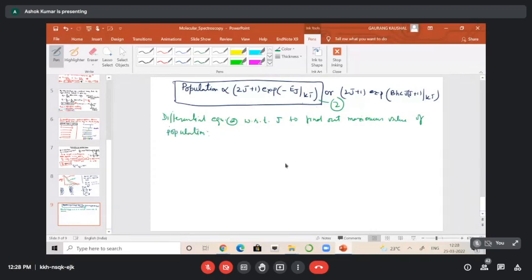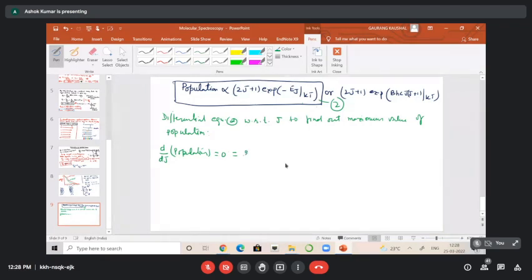That is, let me find d by dj of the population, which has to be equated to 0. Okay, this is when you find the derivative of the right hand side. So first you can use the product rule.